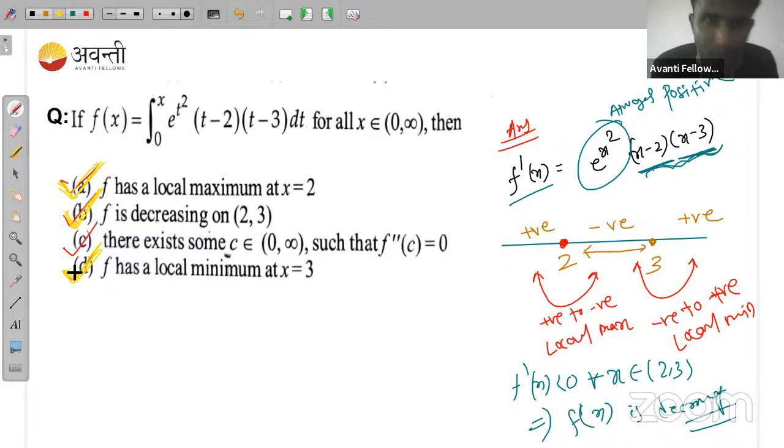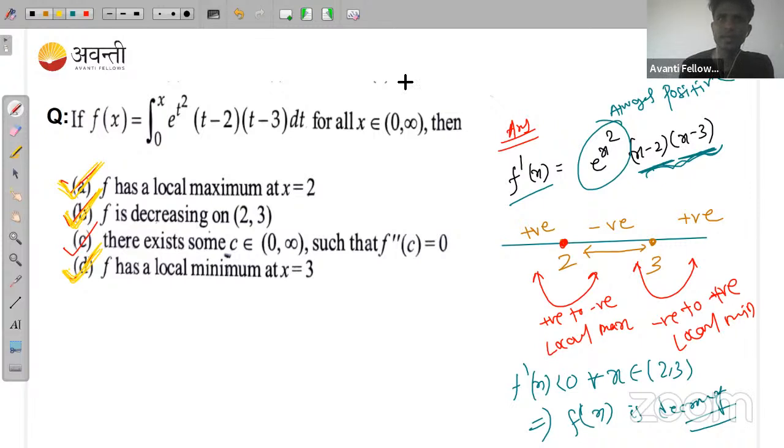Now, so far we have covered three options: f of x has a local maxima at x equal to 2, f of x has a local minima at x equal to 3, and f is decreasing on 2 to 3.